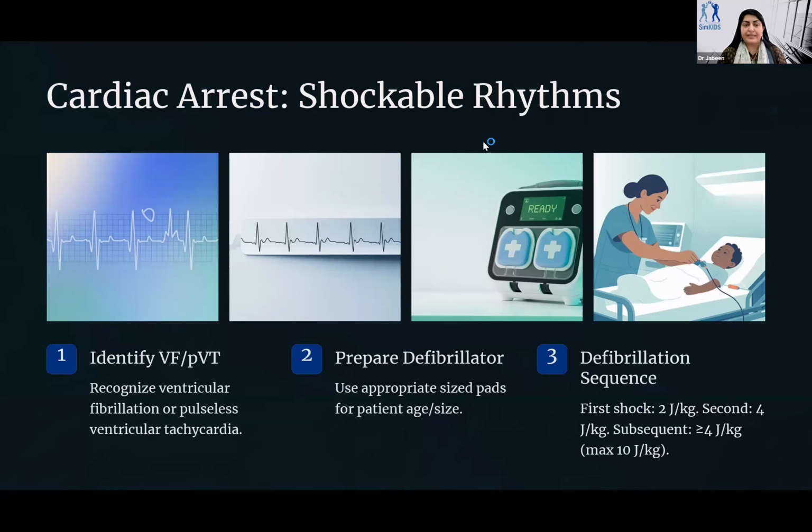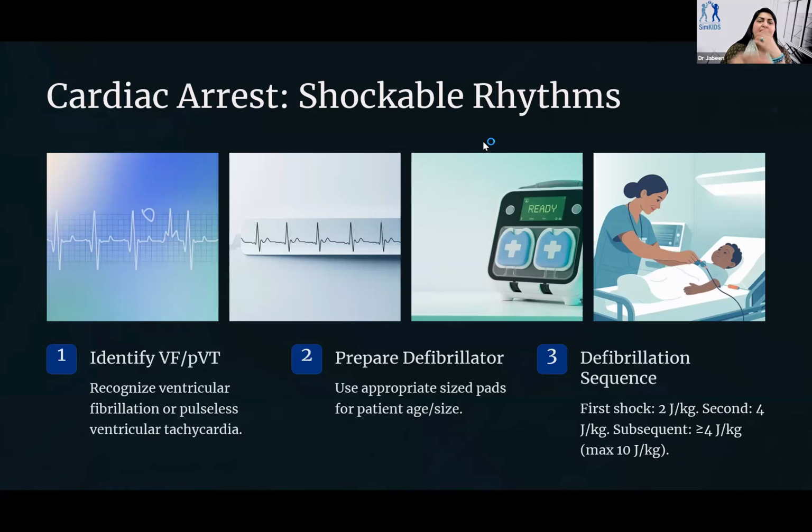So if it is a shockable rhythm, which is ventricular fibrillation or pulseless VT, then you have to defibrillate. As we talked earlier, defibrillation is 2 joules per kg, second is 4 joules per kg. You can continue 4 joules, or you can increase the energy up to 10 joules per kg.